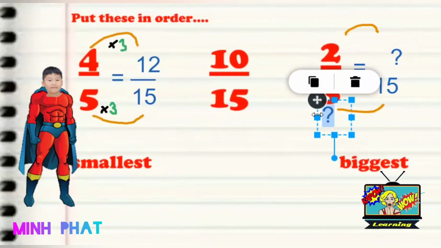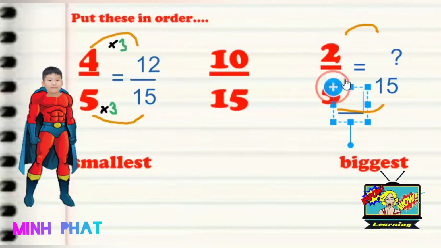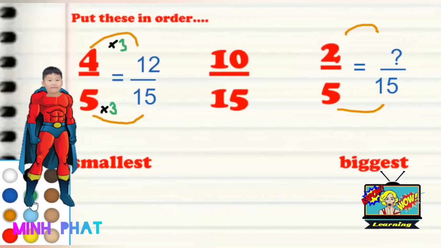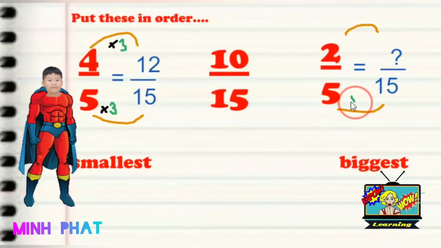So 5 times 3. What do I need to do with the top number? You need to times it by 3. So what's 2 times 3?